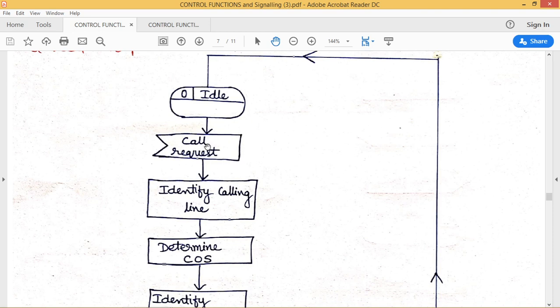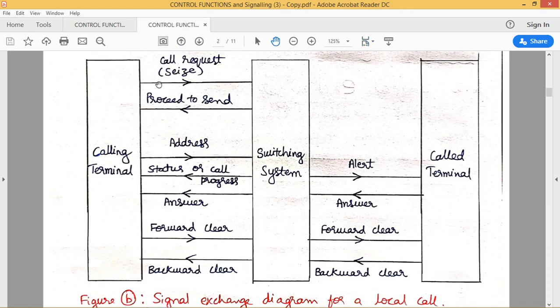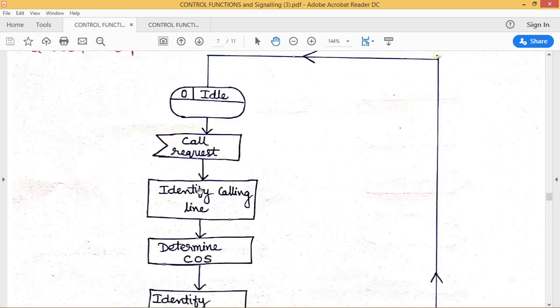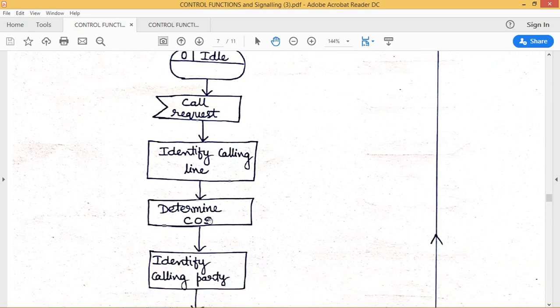Once the call request is received by the exchange, the exchange will identify the calling line. So as we have seen here, as the C signal or call request signal is received, the exchange will identify who is making the call, and also the exchange will decide what are the classes of service that are available with this customer. So after identifying the calling line, the exchange will determine the class of service.